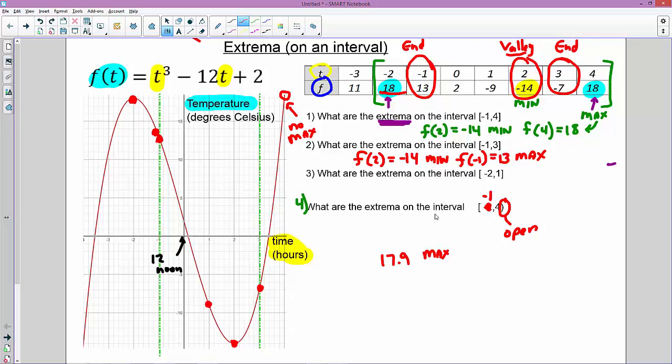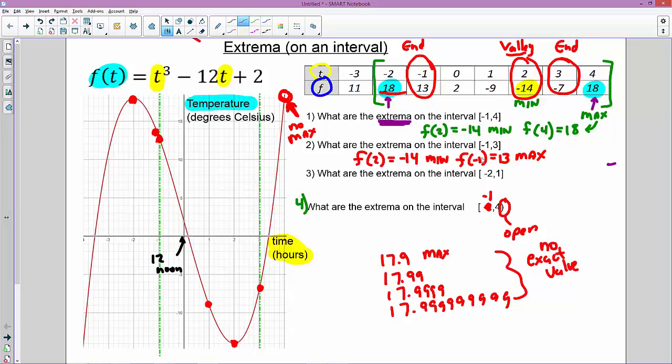If it's -1, then we actually have no maximum because you can't have an open interval be the highest value because 17.9 is not the answer, nor is 17.99, nor is 17.9999, nor is 17.999999. See, you can't give me an exact value because you'll go on forever, right? No exact value.